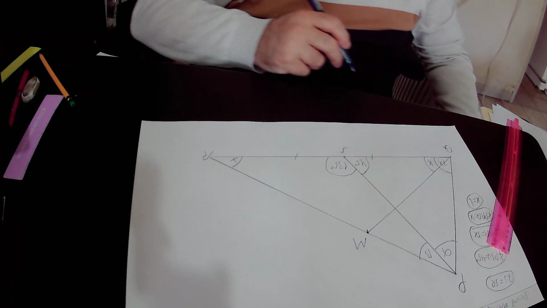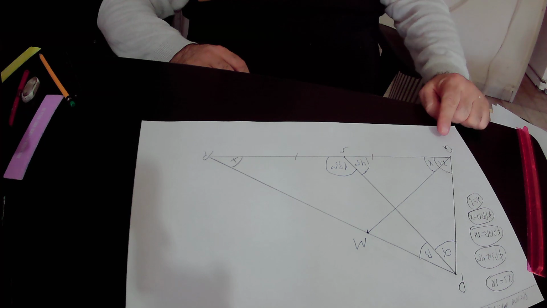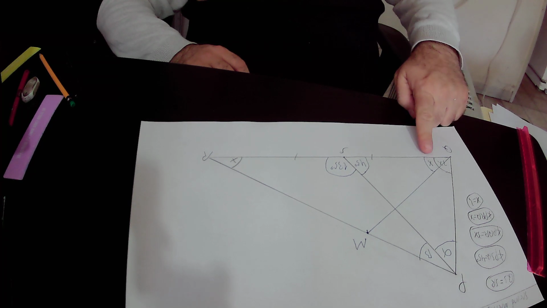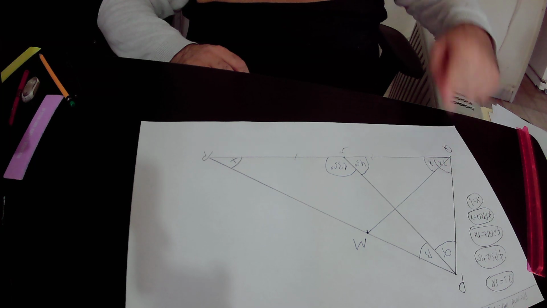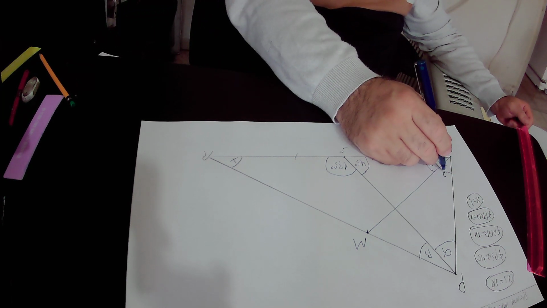Because it is given in the question that angle PQR equals 3x, if this angle equals x, then this angle must be equal to 2x, because in total they are equal to 3x.